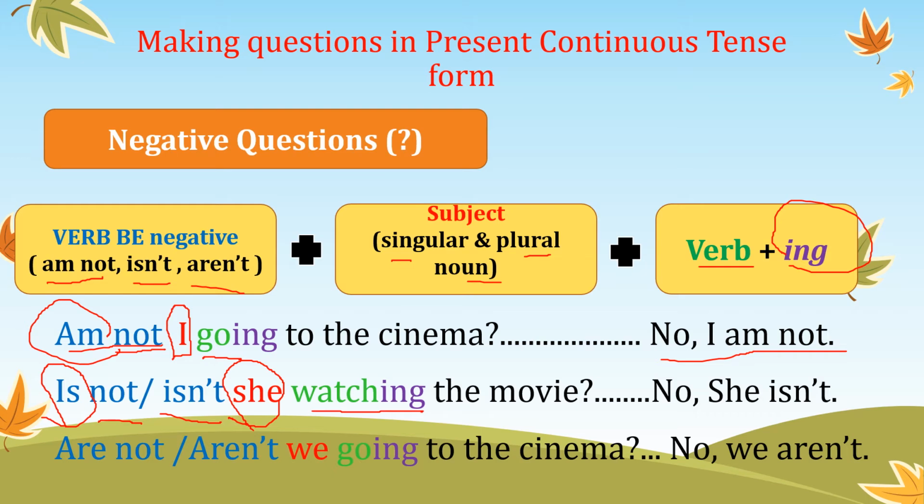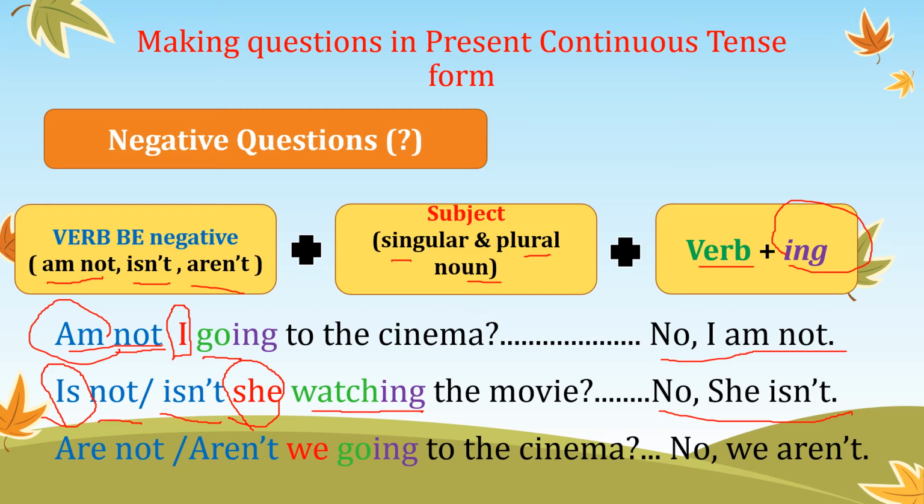Okay, and then the movie. No, she isn't, or no, she is not. So if you use is not as the verb negative, your answer should be no, she is not. If you start with isn't she, so your answer should use no, she isn't. So it's very simple, just use one only.